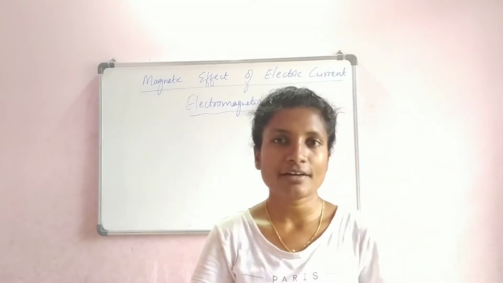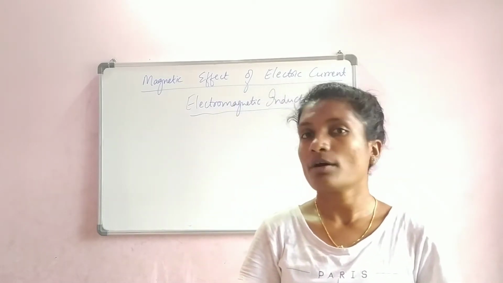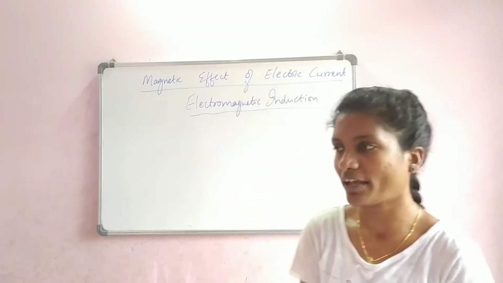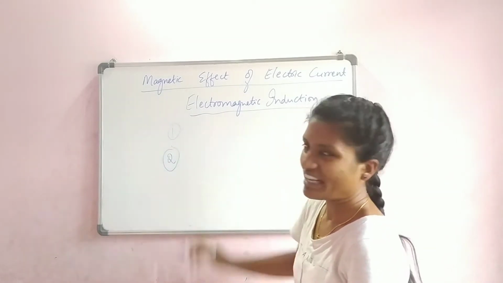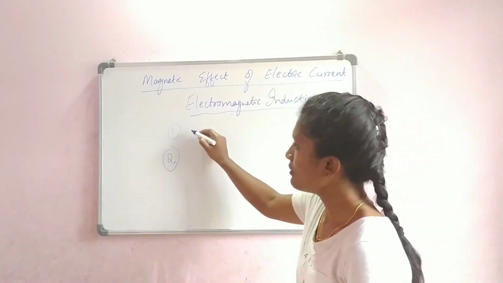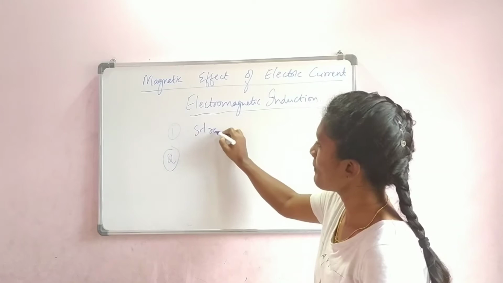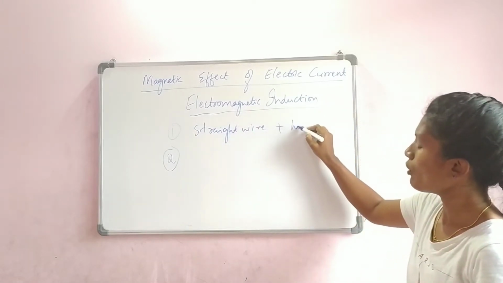To continue further, we have two experiments to demonstrate how magnetism will induce electricity in a conductor. The very first experiment to demonstrate electromagnetic induction uses a straight wire along with a horseshoe magnet.